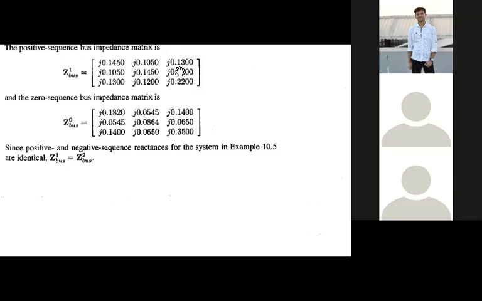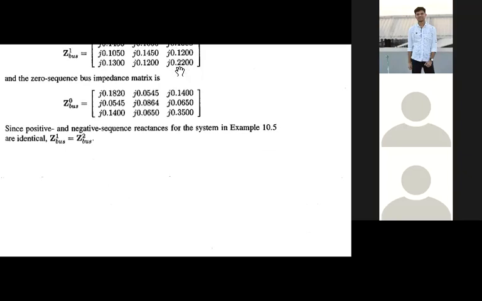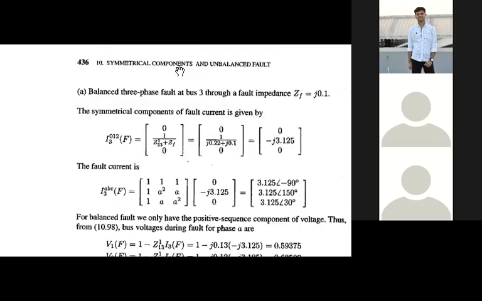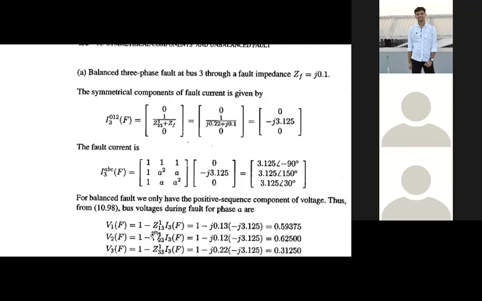The column is 3. So yes, it will be Z131. So Z131 is there and I3F is there. We can use that information to determine V1F, that means the bus number 1 voltage during fault.